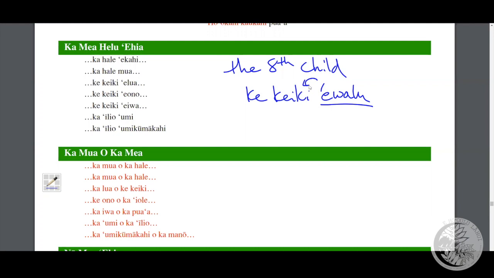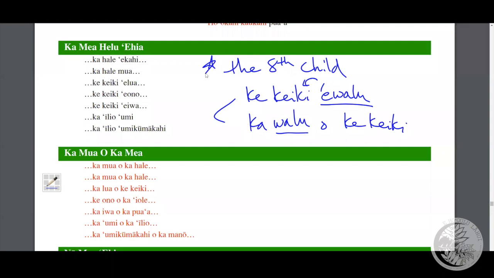I can also express this with the idea, the 8th of the children. Is it evalu or valu? And you actually should say valu, kavalu, or keiki.